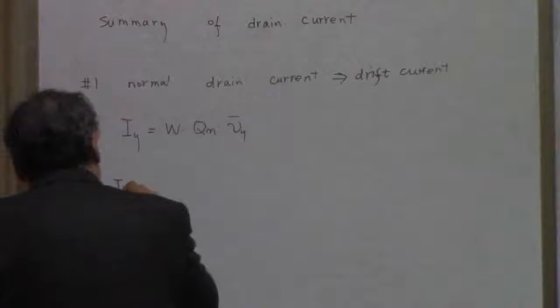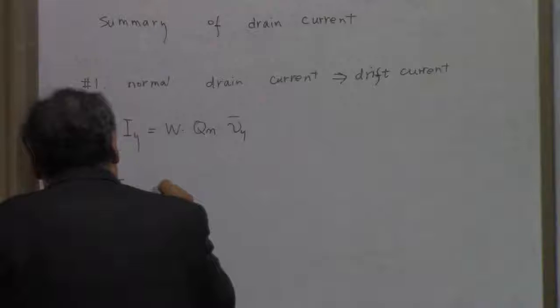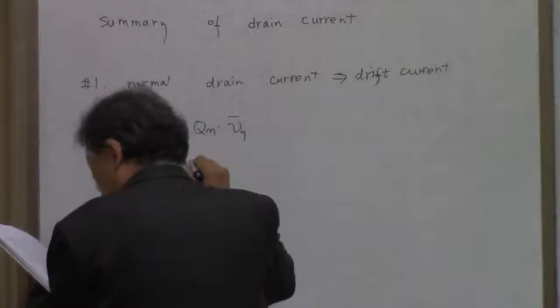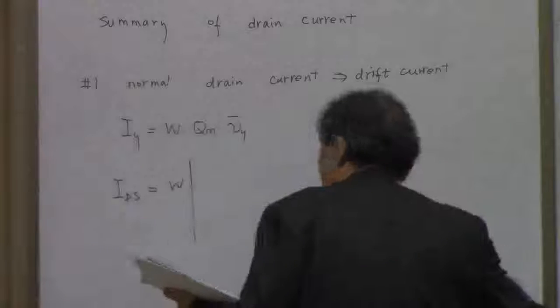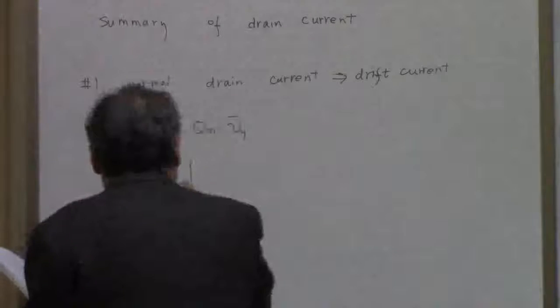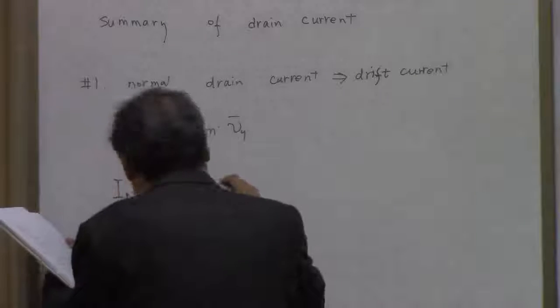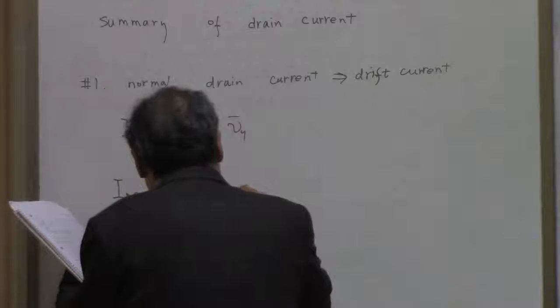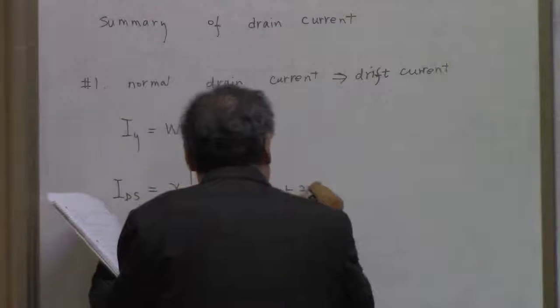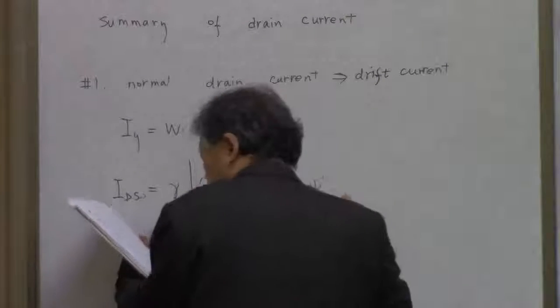And by integration, we have, instead of a geometric factor, gamma, and VGB minus VFB, the flat-band potential, phi b prime.